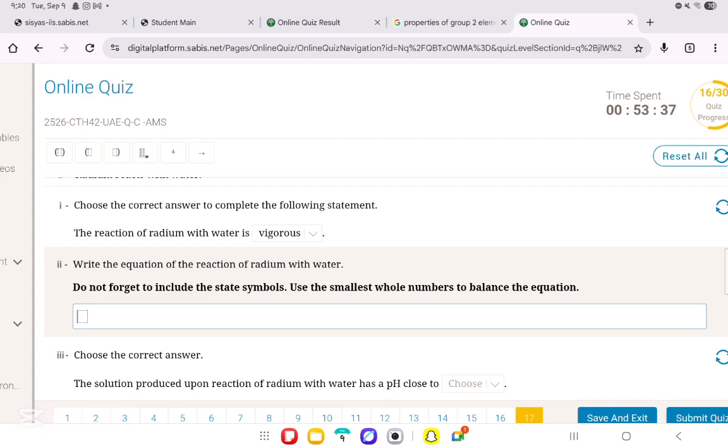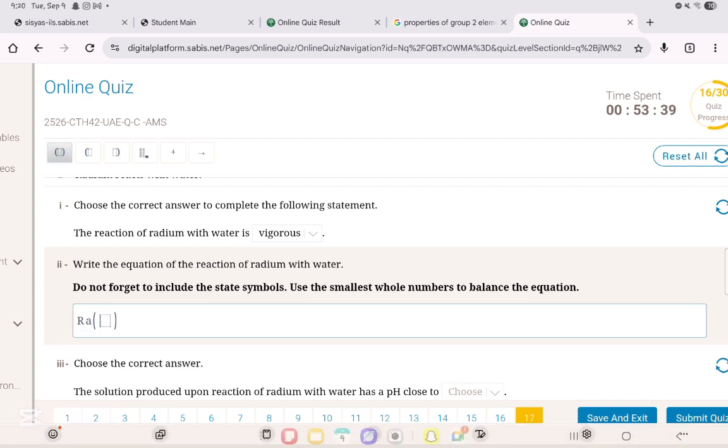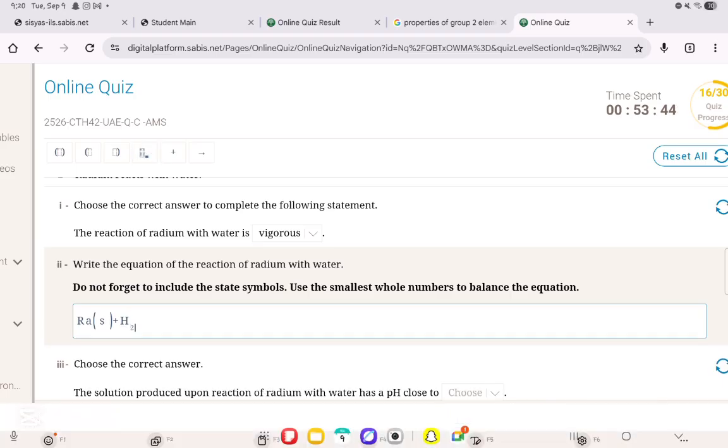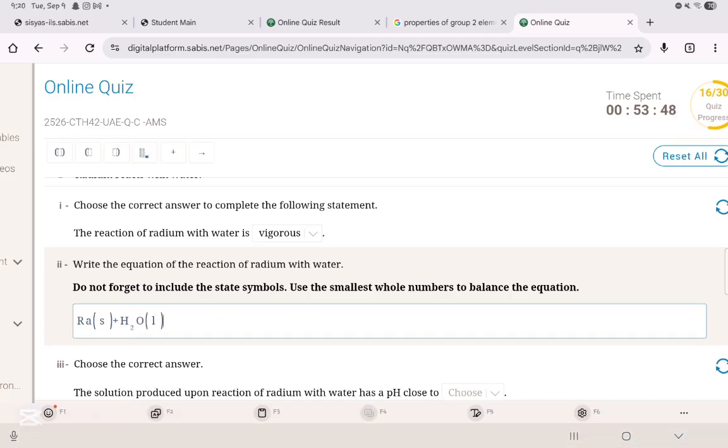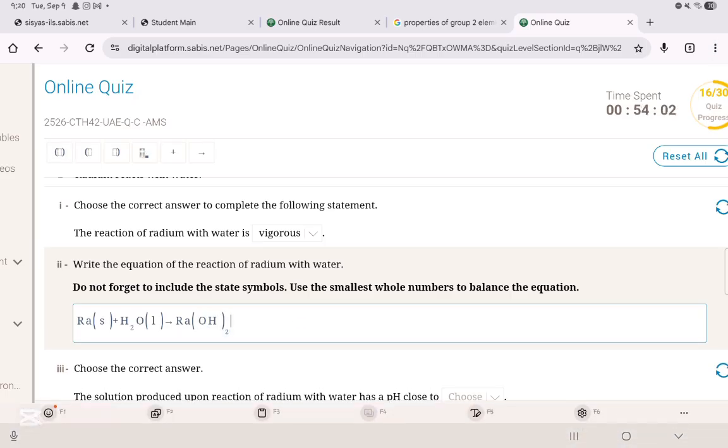It's going to be radium solid based on the equation, metal solid, in addition to H2O, water, liquid, is going to give us the radium hydroxide, Ra(OH)2, aqueous, in addition to hydrogen, H2 gas.